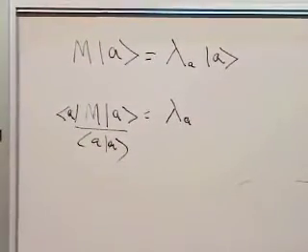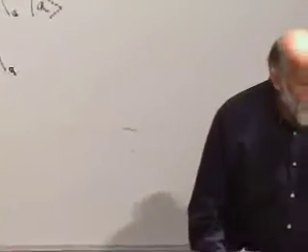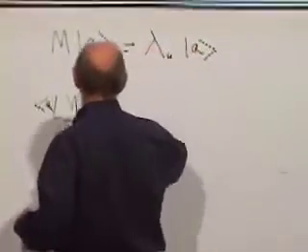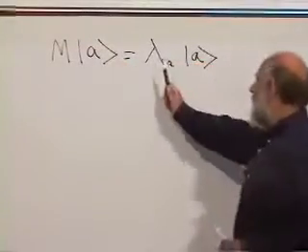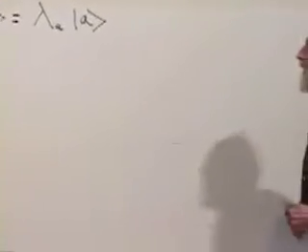They're the possible measurable values of the observable that's represented by M. Let me give you some examples. Oh, yes. The lambdas, the eigenvalues, are the values that you measure.